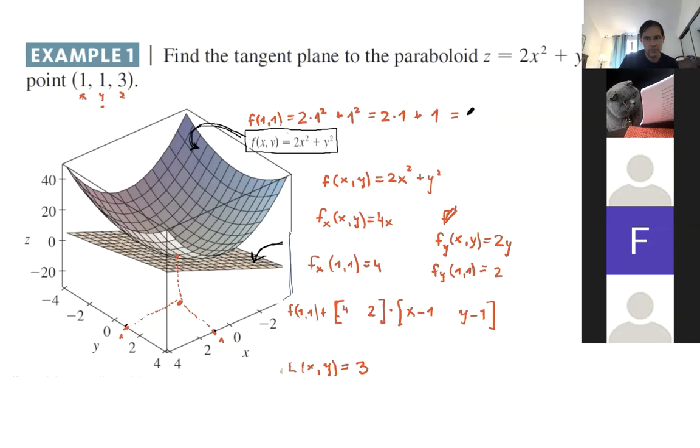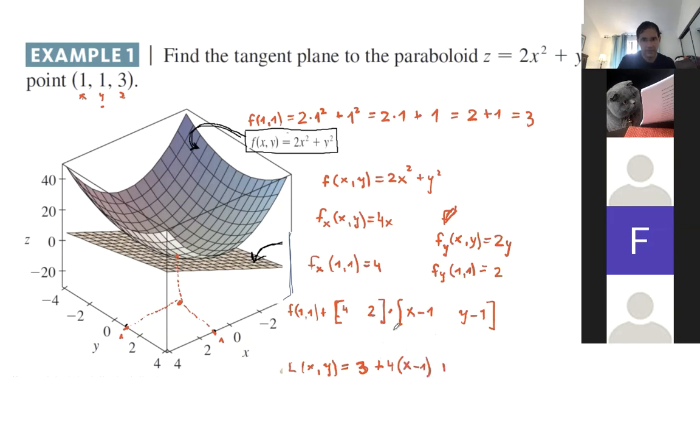So this is 2 times 1 is 2 plus 1. Okay, so this is equal to 3. So this is f of 1, 1. So this is 3. And now I have the inner product, or the dot product. So this is 4 times x minus 1.